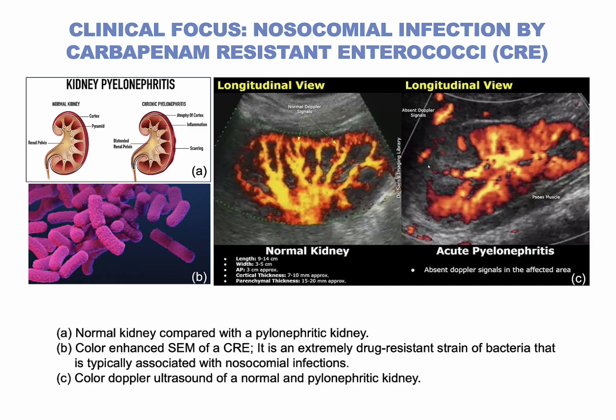UTIs can be caused by various bacteria, typically when bacteria from the lower gastrointestinal tract enter the urinary tract. However, given Roberta's recent surgery, the physician was concerned that she may have contracted a nosocomial or hospital-acquired infection.